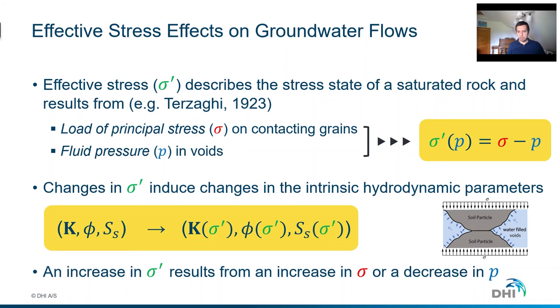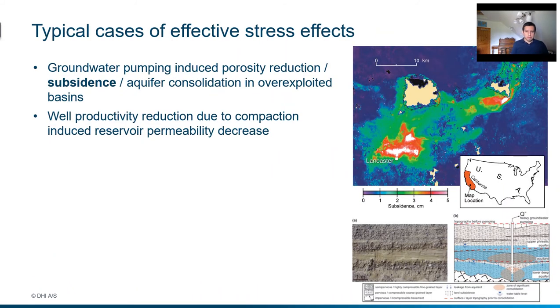This decrease of pore pressure could be due to pumping, due to dewatering in a mining application, or dewatering in geotechnical applications like tunnels or civil engineering construction, etc. Let's take a look at typical cases where effective stresses are relevant.